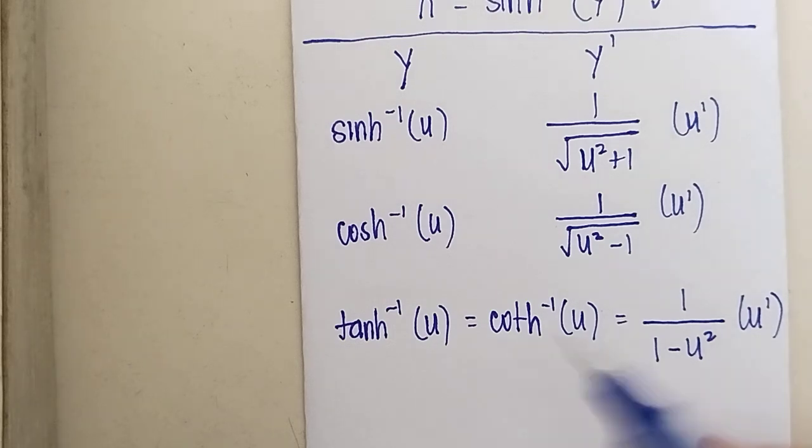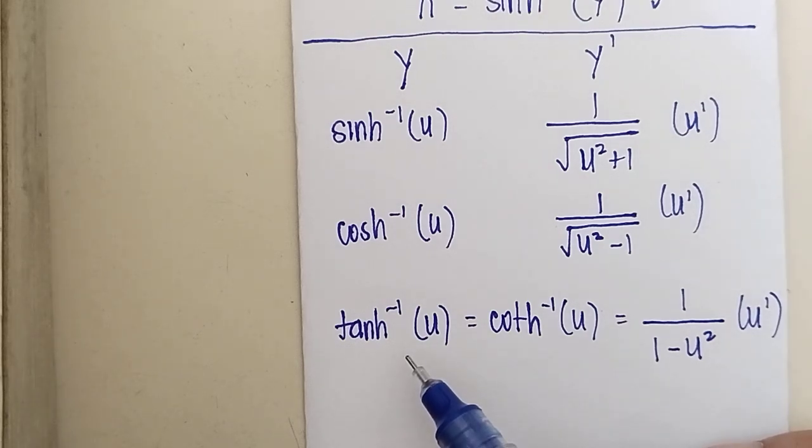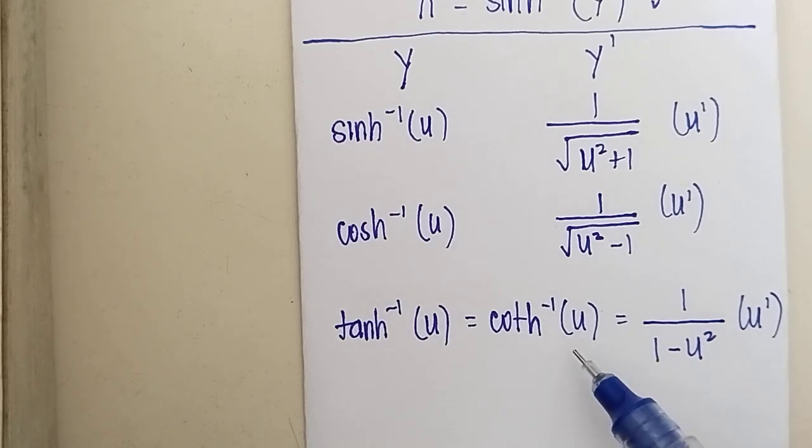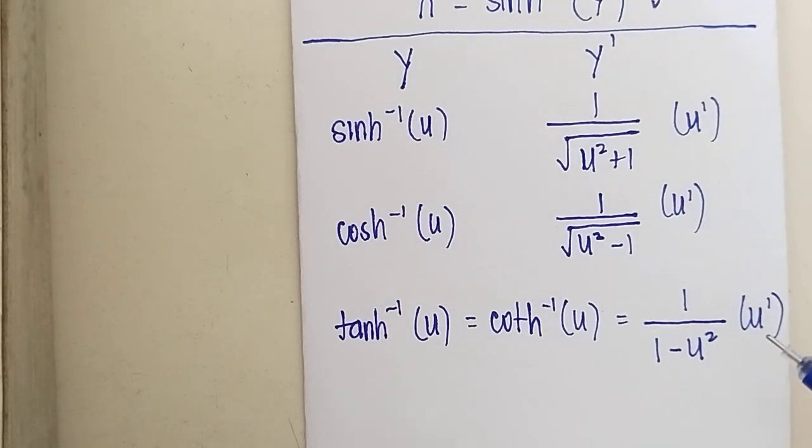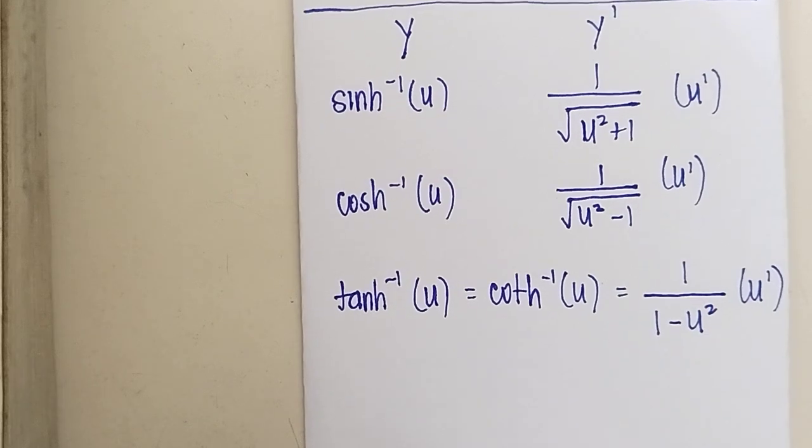For the inverse hyperbolic tangent of u, u should be less than 1, while for the inverse hyperbolic cotangent, u should be greater than 1. But we do not emphasize u much here. What we need is the formula, which is 1 all over 1 minus u squared.